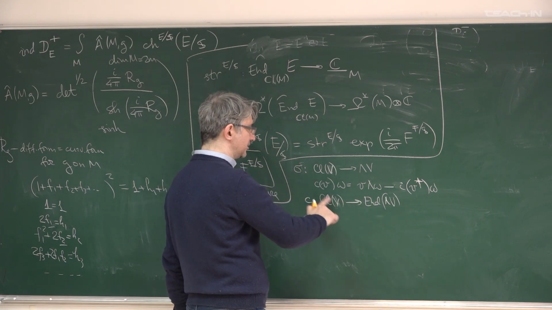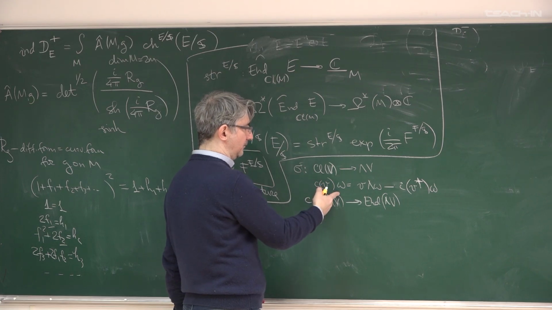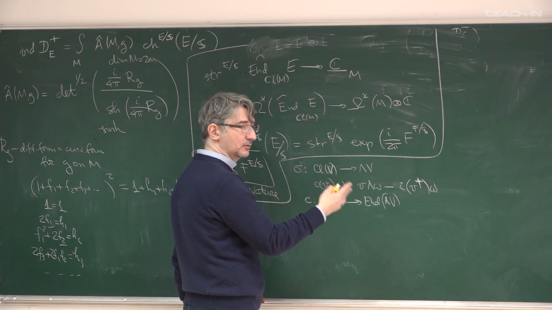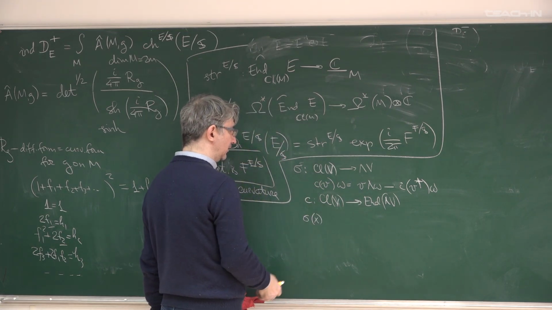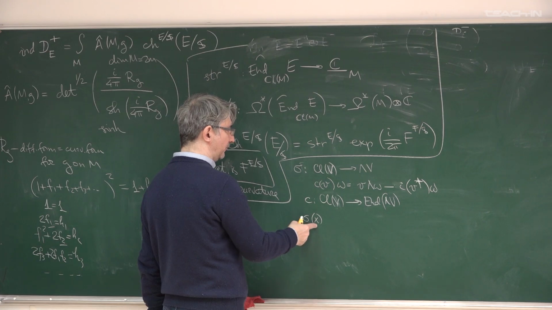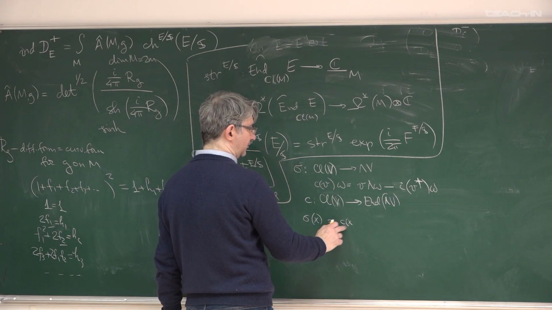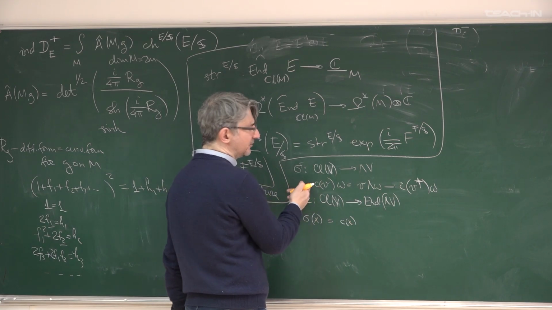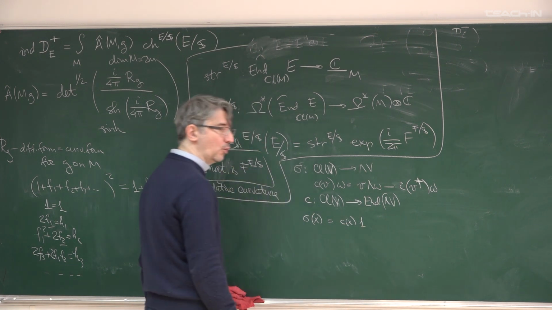We define the action of one vector, and this map satisfies the commutation relations for these things. Then I want to define sigma of x. I define it in a very simple way: I calculate the symbol for Clifford, C of x, and evaluate it on 1.